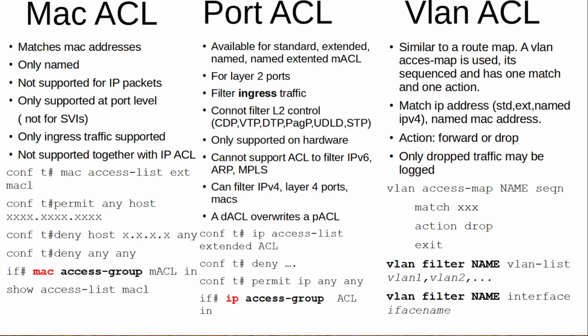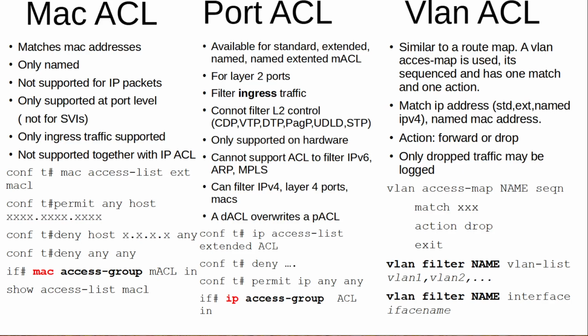It cannot filter IPv6, ARP, or MPLS. It can only filter IPv4 or layer 4 ports and MACs. If the switch receives a dynamic access control list, it will override the port access control list. In order to configure, you will use the IP access list command and will apply it with IP access group.